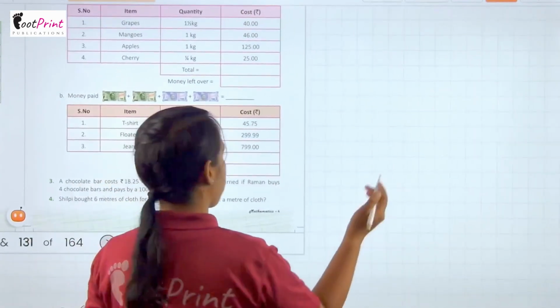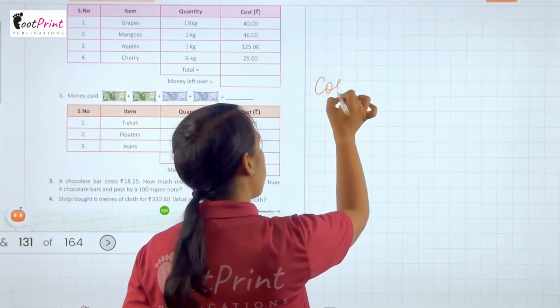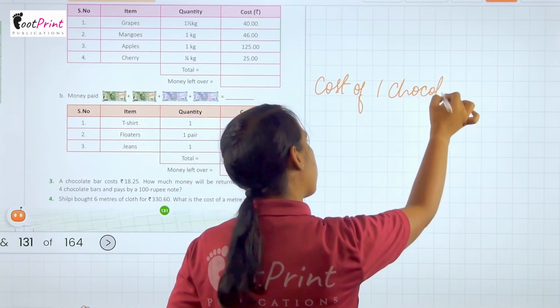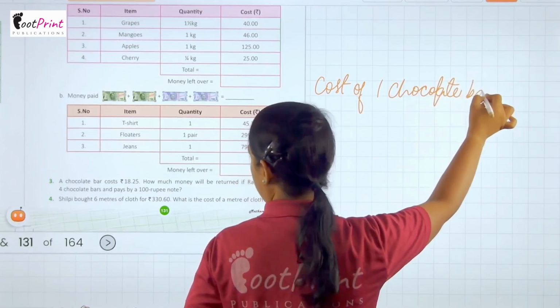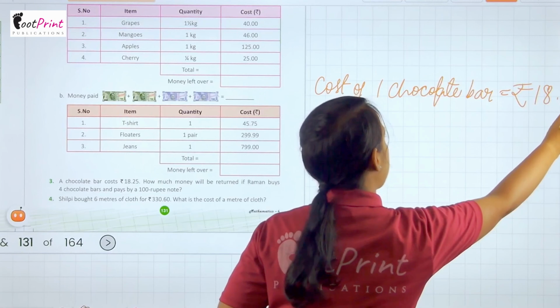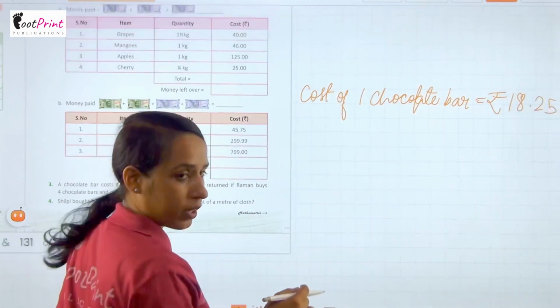So here we write first the cost of 1 chocolate bar, that will be 18.25 rupees, and Raman buys 4 chocolate bars.